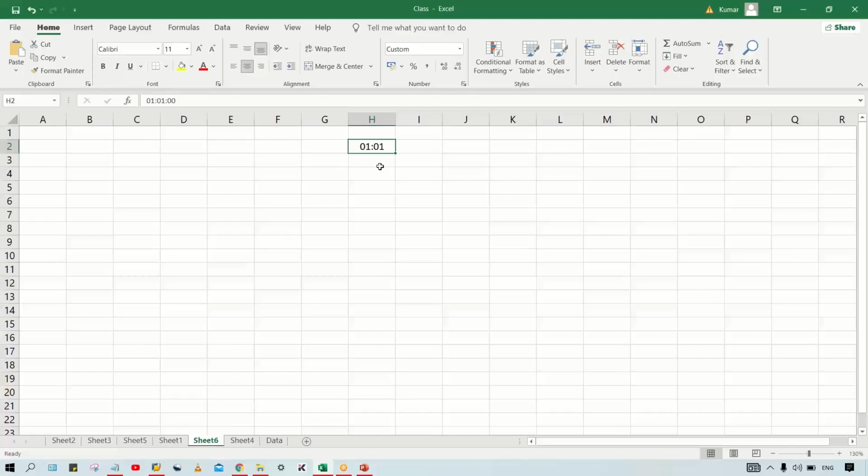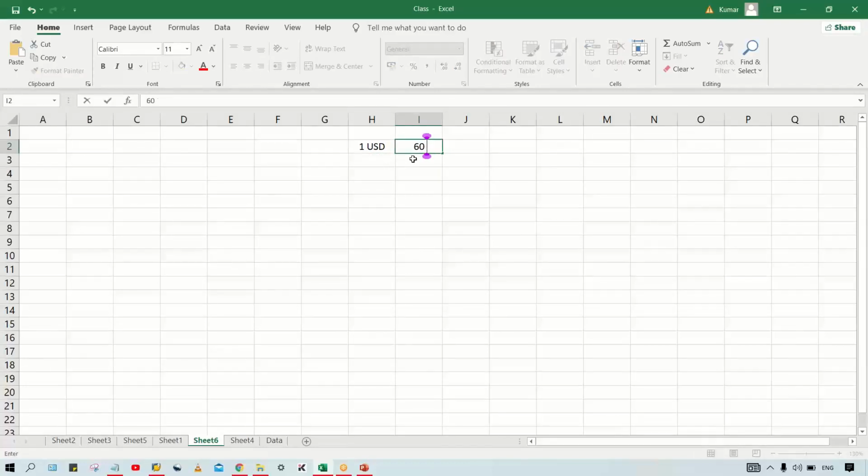Now the next one is another thing called direct quotation and indirect quotation. I said 1 USD equals 60 INR. Okay, so this is one thing.